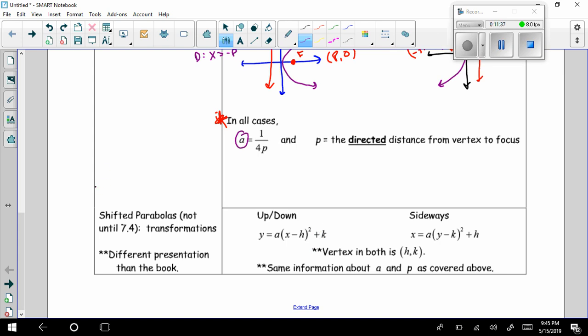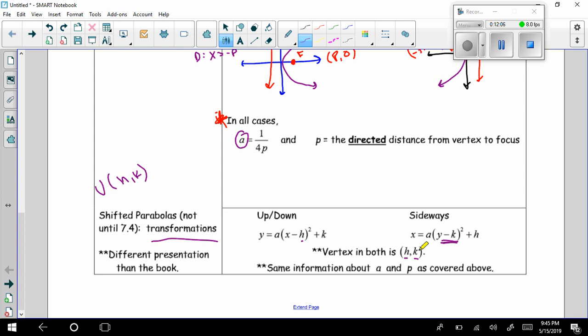Remember that your vertex is h, k. That has not changed. So when we're looking at transformations, it's always h, k. It doesn't matter if it's y equals or x equals. But what you will see is that your h is always grouped with the x. Your k is always with the y. So like you could subtract the k over and it would be with the y.